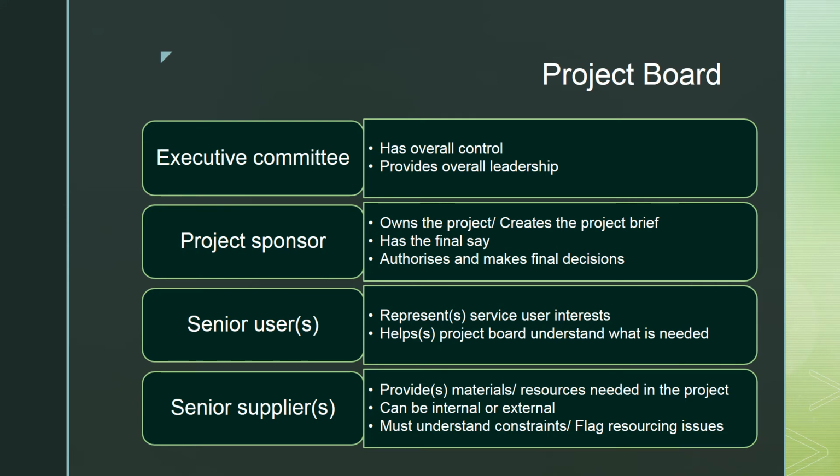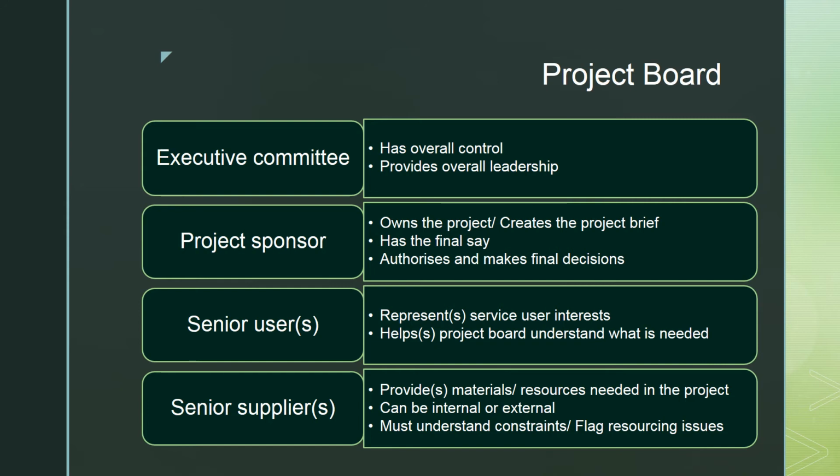Now, the executive committee has overall control of the whole project. It also provides overall leadership as a result. And then you have the project sponsor. The project sponsor owns the project. They are the creator of the project brief.